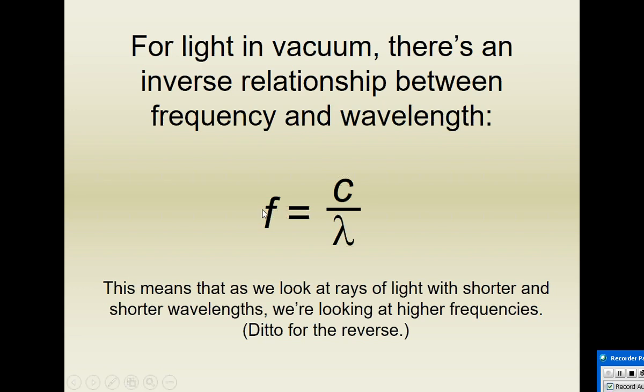We see that they are inverse to each other. If f goes up, lambda goes down. If lambda goes down, f goes up. So light with a very high frequency also has a very short wavelength. If you have a very long wavelength, you also have a very low frequency.